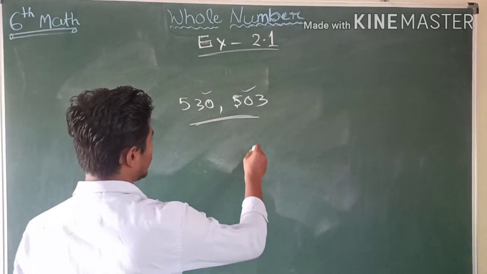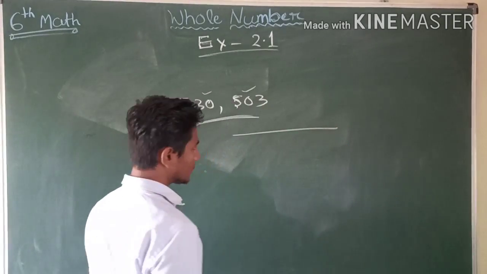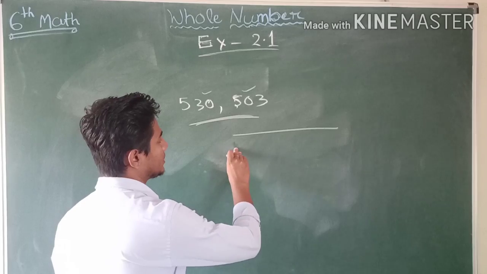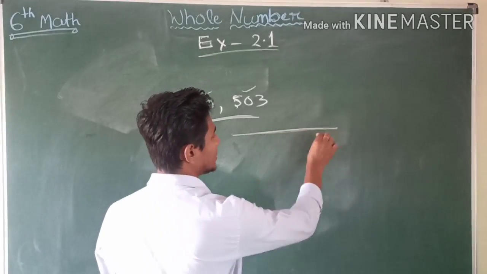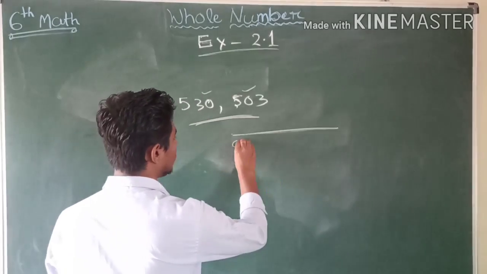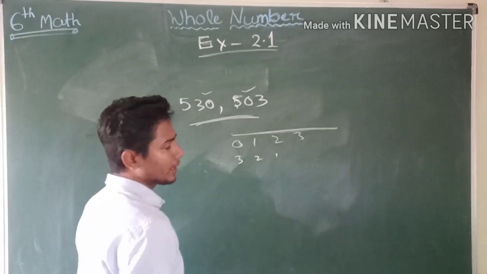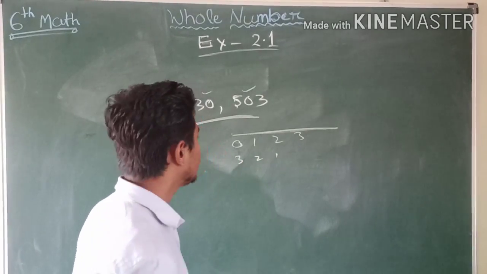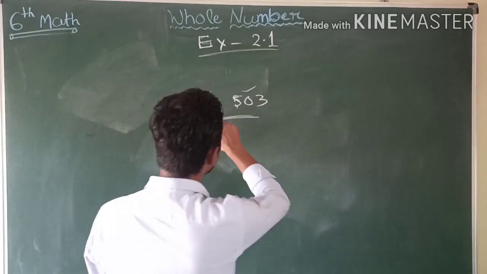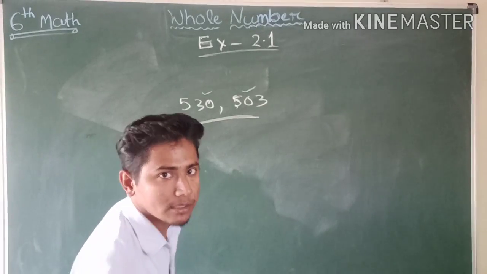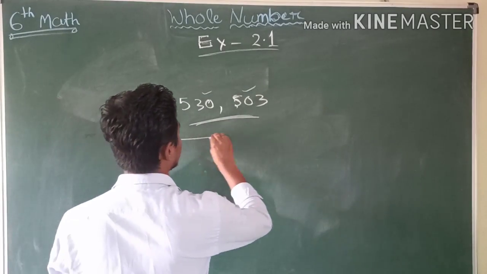So when you draw one number line, it's always in increasing order, means first 0, then 1, then 2, then 3, not 3, 2, 1 like this. It is always in increasing order. So I put these two numbers in a number line. So how can I put? Draw one number line.